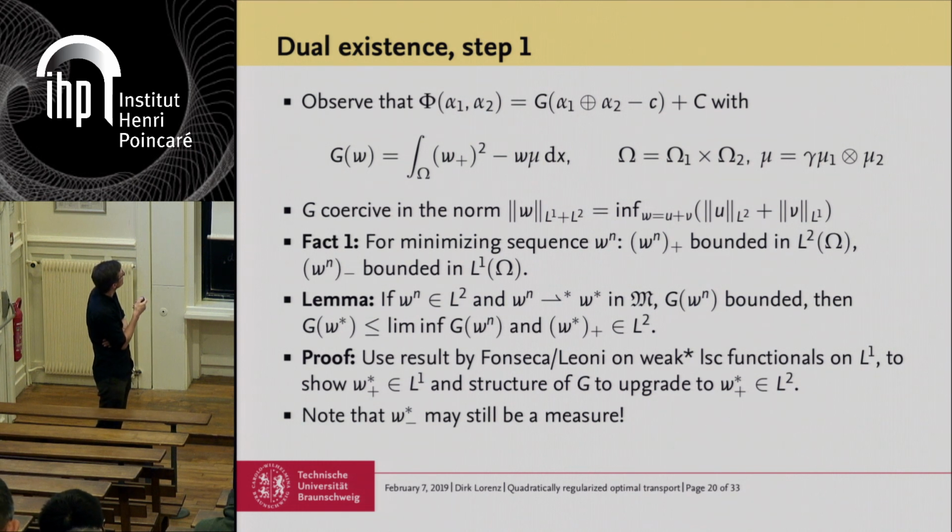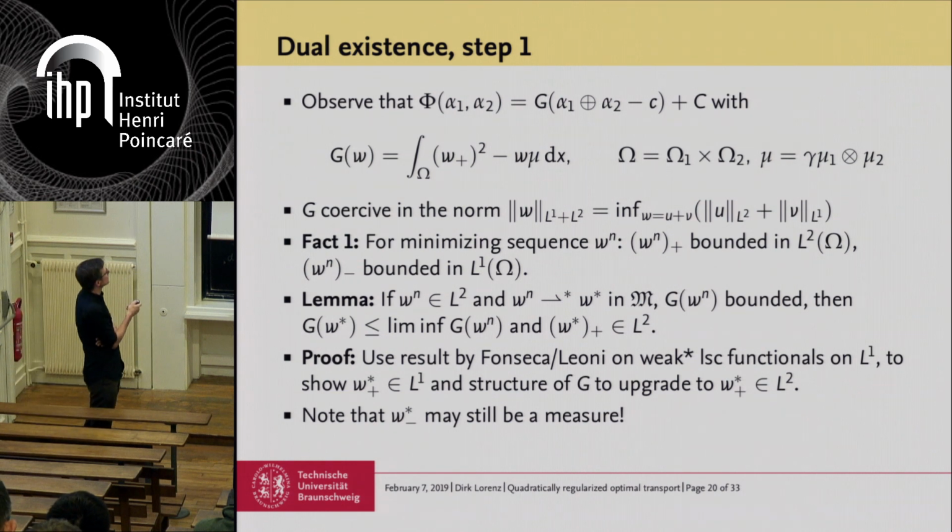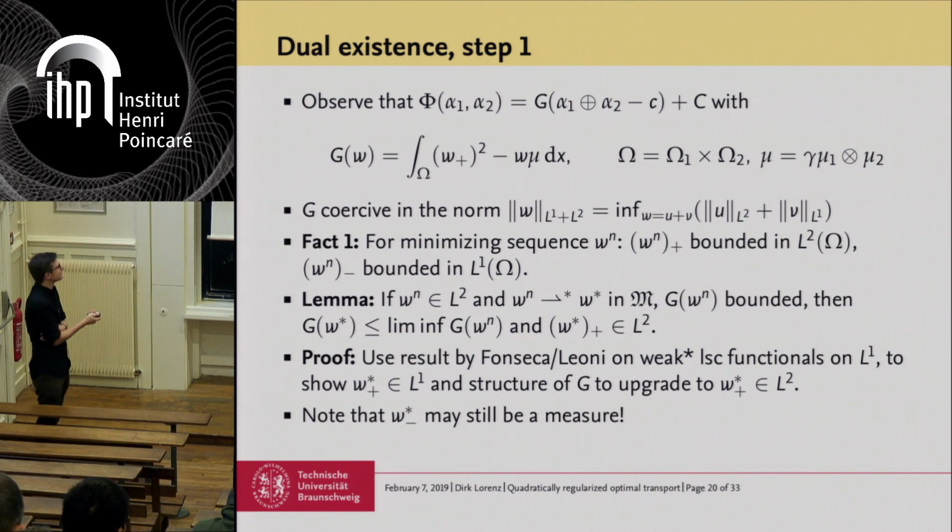For coercivity and lower semi-continuity, we get the coercivity in this sum norm, and we also get lower semi-continuity with respect to weak star convergence in the sense of measures. So if we have a sequence of L2 functions W_n which converges weakly star in the sense of measures, meaning you integrate against all continuous functions, and g of W_n stays bounded, then you get the right lower semi-continuity. You jump down in the limit.